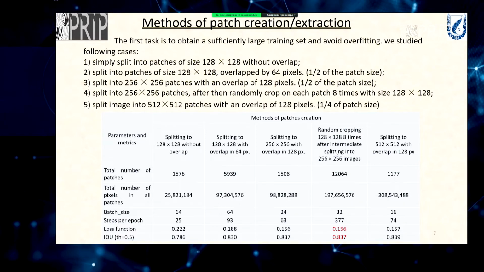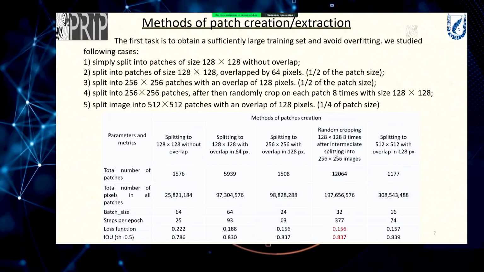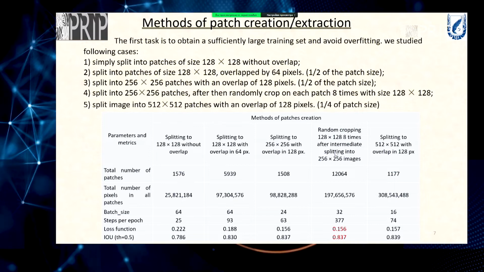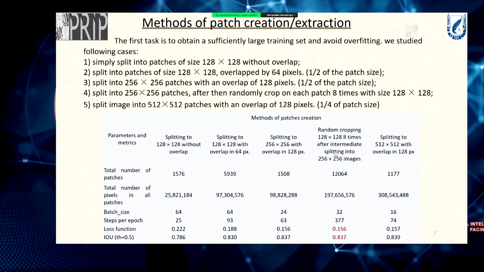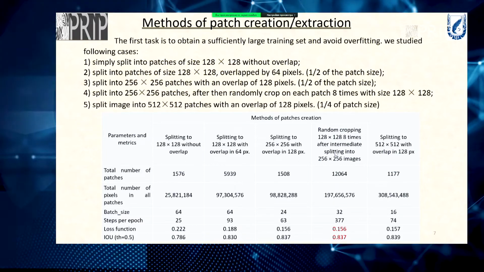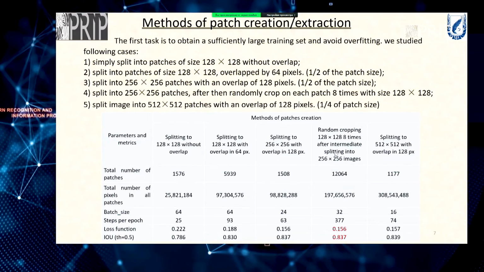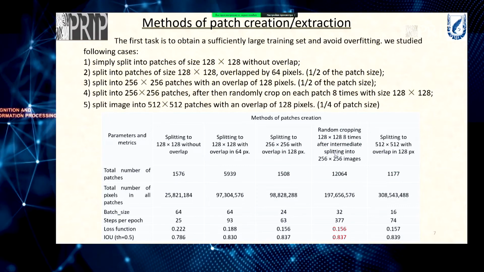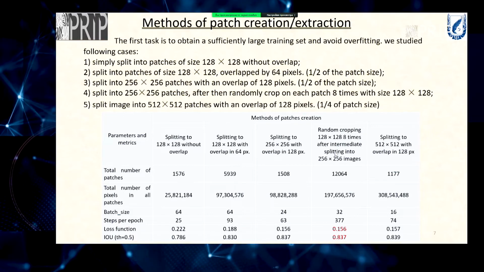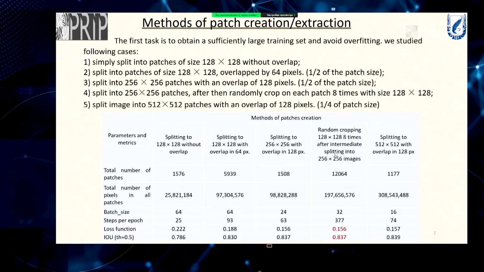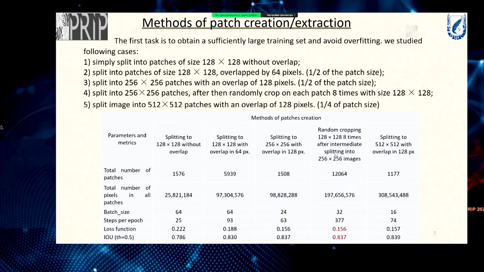But for instance 5, although it achieves the maximum number of pixels, we in the past did an experiment based on example 2, simply increasing the training set by almost 2 times. The obtained metric is slightly worse. That means simply increasing the training set by more and more overlapping is not realistic. So we chose the fourth method for our following research.